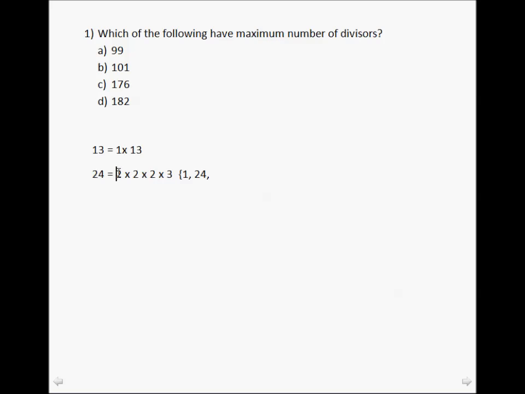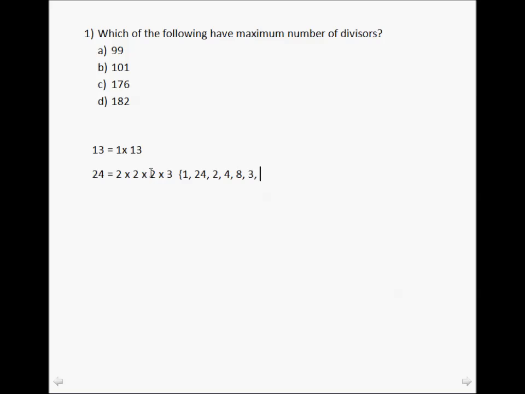Now if we start choosing out of these 4 numbers, we would start making the factors. If we choose only 2, 2 would be the factor. If we choose 2 2's, so 2 into 2, 4 would be the factor. If we choose all 3 2's, 8 would be the factor. If we choose 3, again 3 would be the factor.